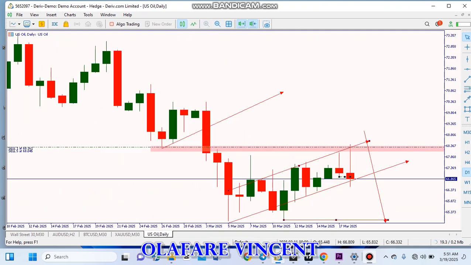Even though the market looks like an uptrend and we are looking for a breakout, within this range we were able to spot that this is an impulse, then a retracement, and after this retracement we are expecting an impulse movement. So we are still expecting the market to sell down a bit more. That was how we were able to take our sell on US oil, which was a very great, massive and straightforward sell.